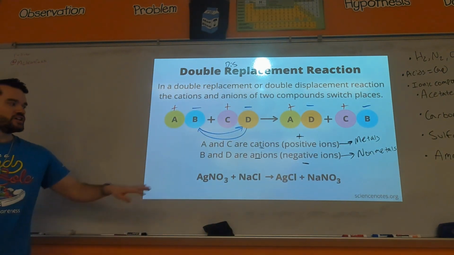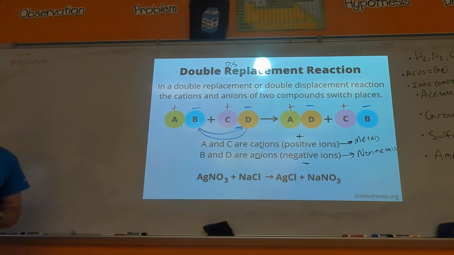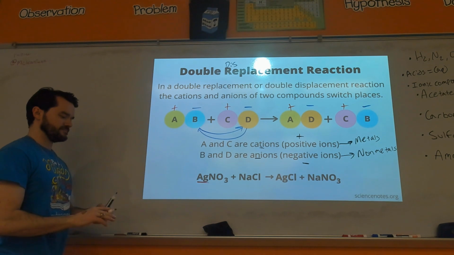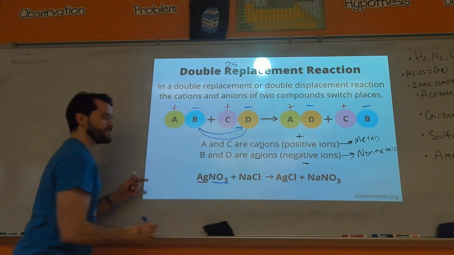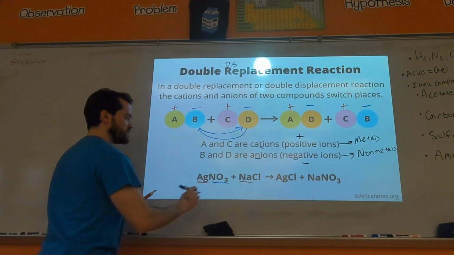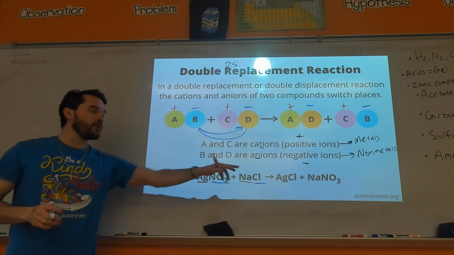Okay? So looking at our example, silver nitrate plus sodium chloride gives you silver chloride plus sodium nitrate. So here, silver would be my cation, nitrate's my anion, sodium's my cation, chlorine's my anion. So they're going to swap positions. They're going to double displace.